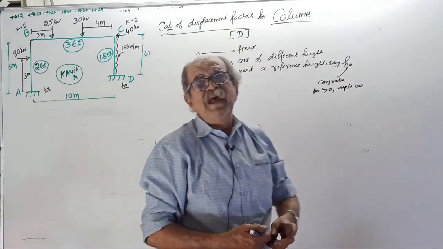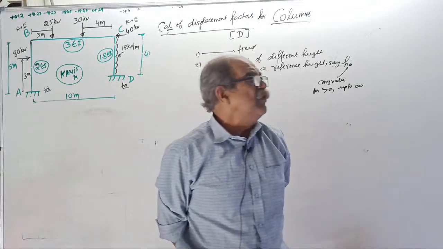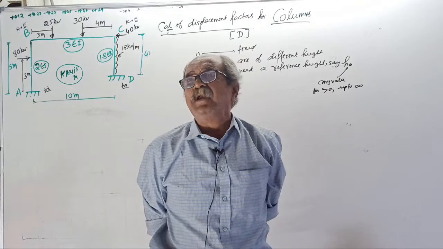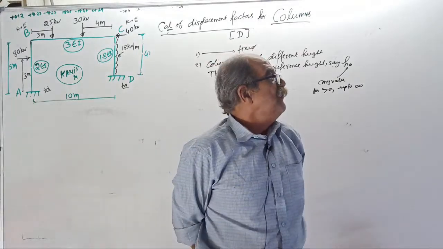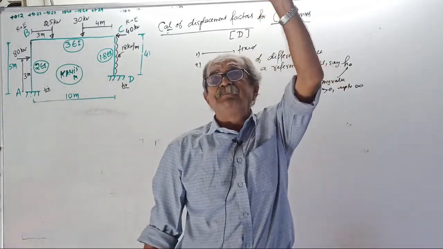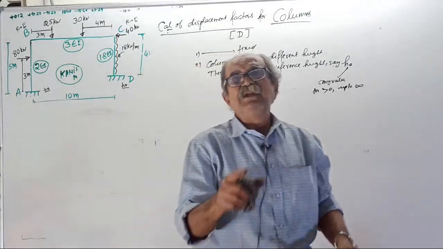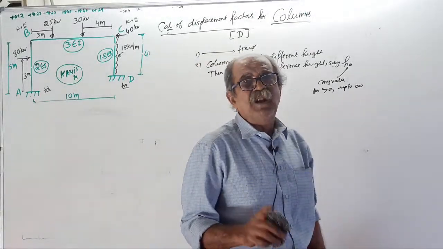Your choice, my responsibility. You can take 1 meter, 2 meter, 3 meter, 1000 meter, 1000 kilometer, 10 lakh, 10 crore kilometer, from here up to the moon or some other planet. That is only for fun. It will get cancelled.